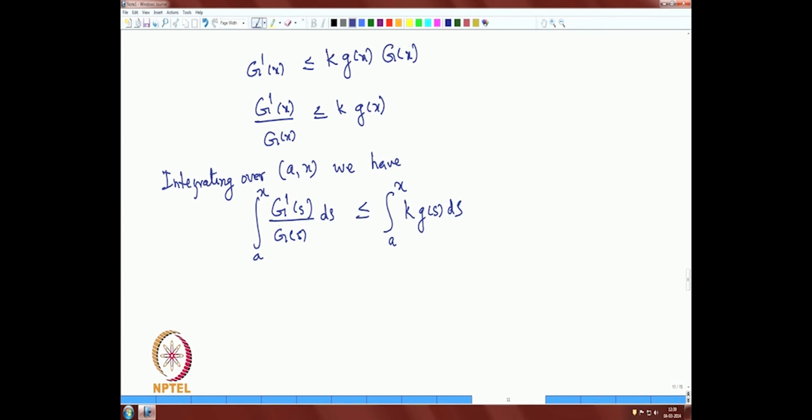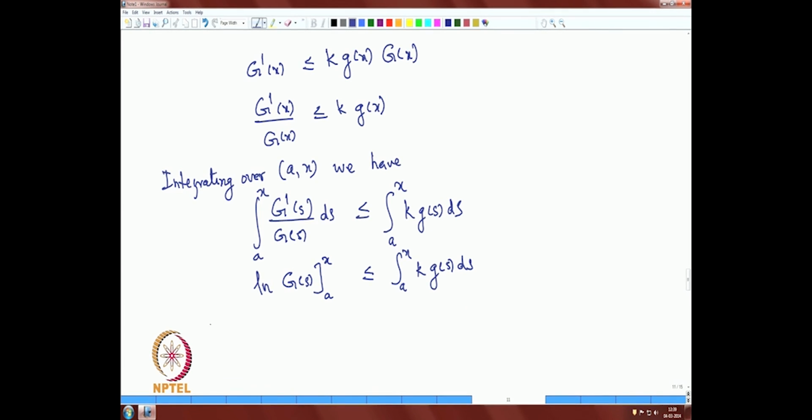By using the integral of derivative of the function, which is nothing but the logarithm ln of G(s) evaluated at these 2 points a and x, it is less than or equal to the integral a to x of k g(s) ds.